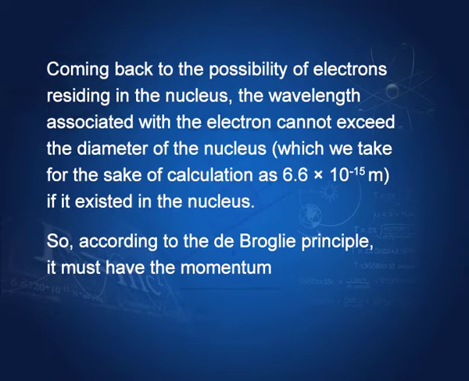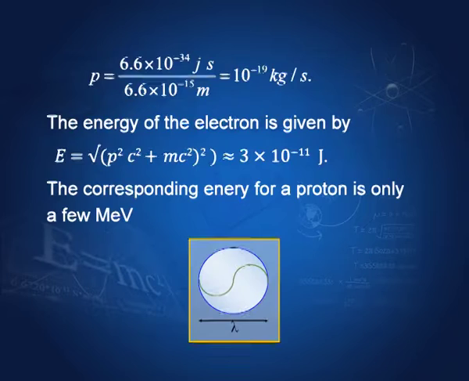If we assume the diameter of the nucleus to be 6.6 times 10 to the power minus 15 meters, that is 6.6 Fermis, then the wavelength of the electron would be 6.6 Fermis.